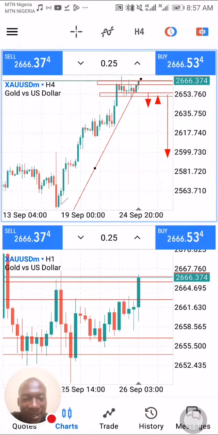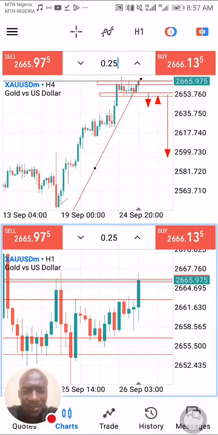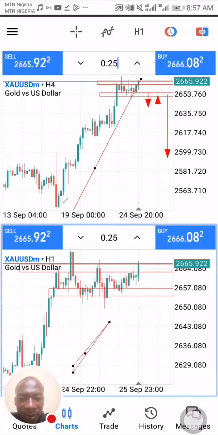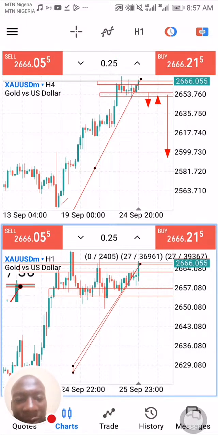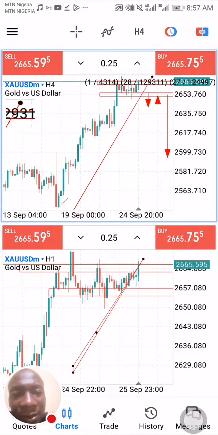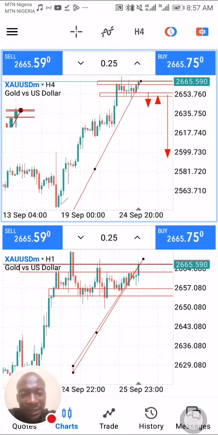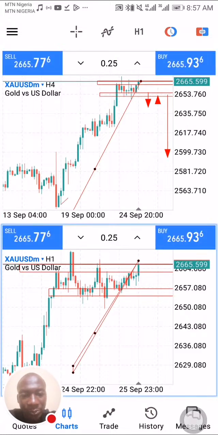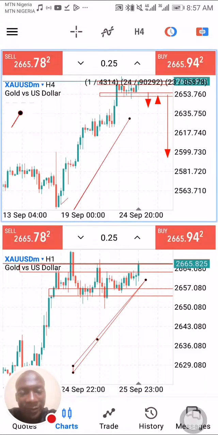I'm not taking the 1-hour candle close, because the 1-hour candle close can be very tricky. Once we have a 1-hour candle close and we don't have a 4-hour candle close, we might just get a weak rejection, a big wick like this, and price will close below on the 4-hour time frame.